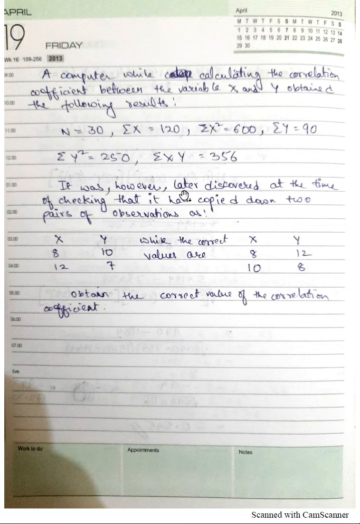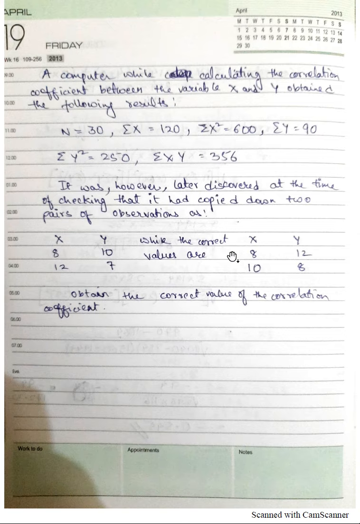It was, however, later discovered at the time of checking that it had copied down two pairs of observations as (x, y) equal to (8, 10) and (12, 7). So these are the two sets of observations that were copied wrongly. One set is x equal to 8 and y equal to 10, and the other set is x equal to 12 and y equal to 7.